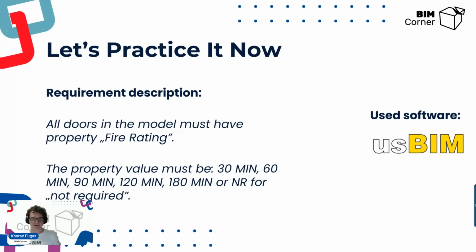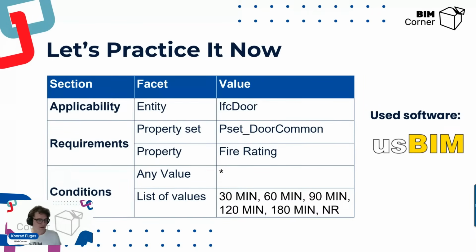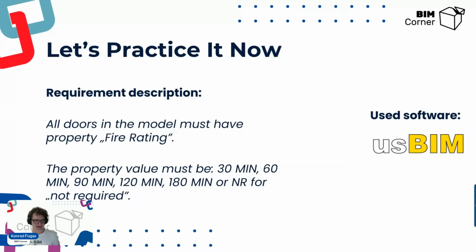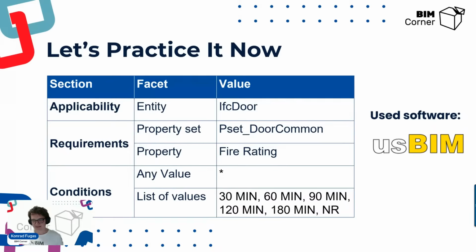All doors in the model must have property fire rating, and the property value must be one of 30, 60, 90, 120, 180 minutes, or NR for not required. So if we transform this text into a table, it might be a little bit easier for us to understand how to build up the IDS and how it should look in the software.